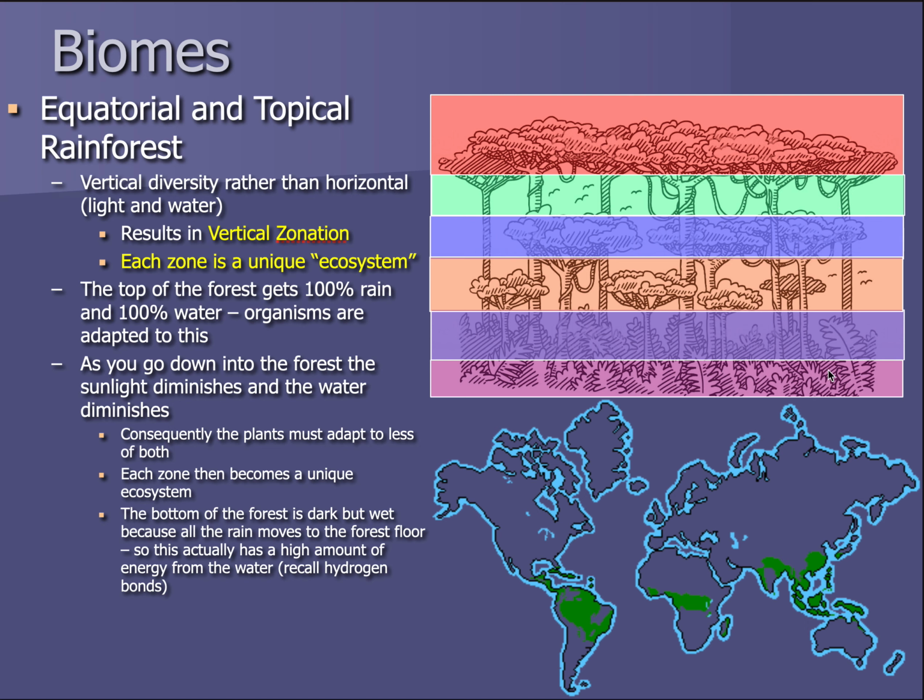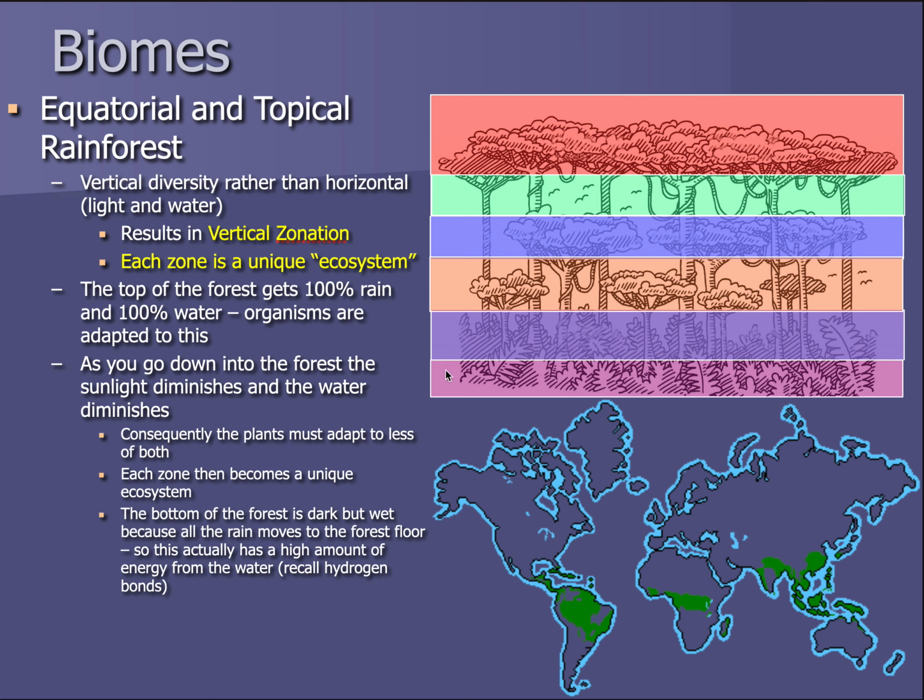The same characteristics follow as we move down this ecosystem structure. If we had 80 here, we may be down to 60: 60% sunlight penetration, 60% moisture penetration. Come down a little further, we're maybe now down at 40, then down at 20. Down here, it's really, really dark.